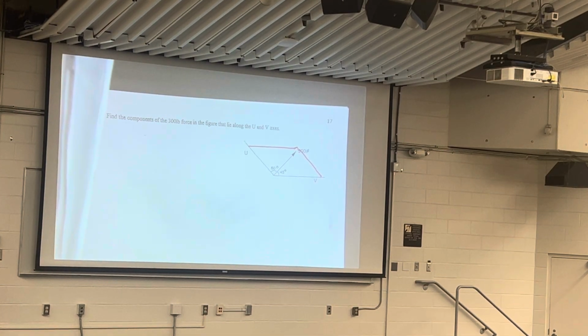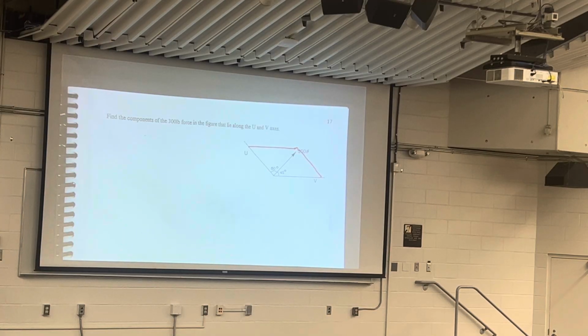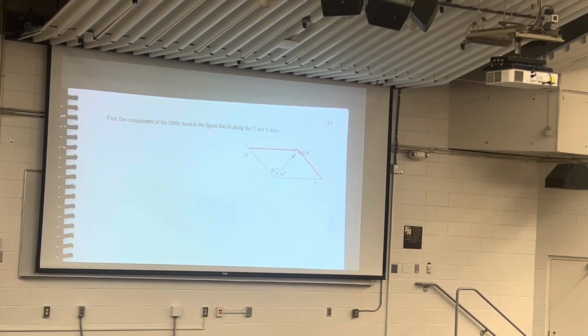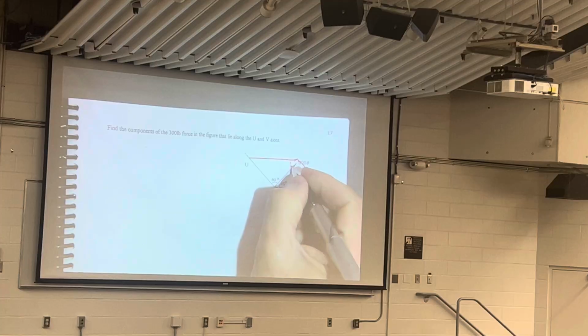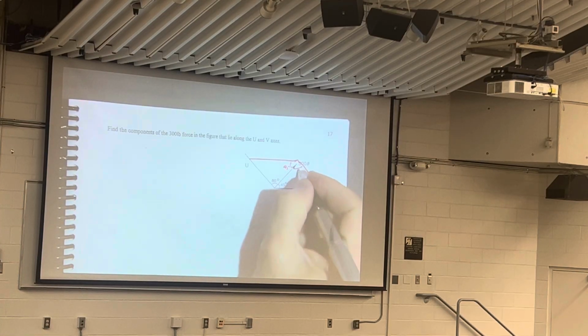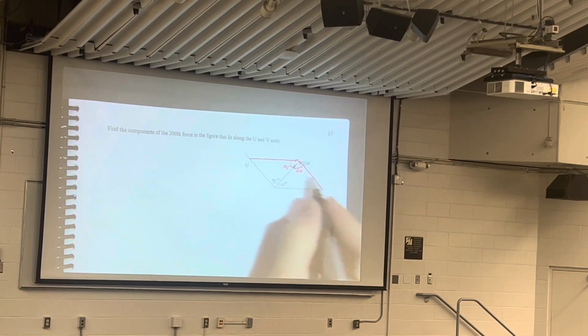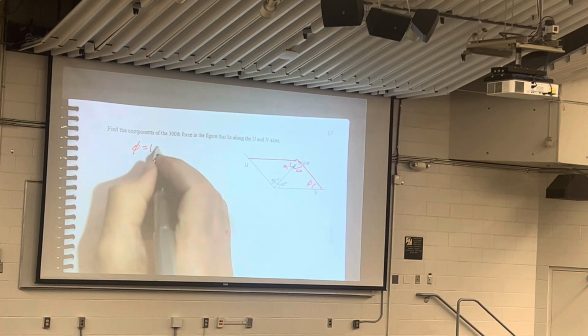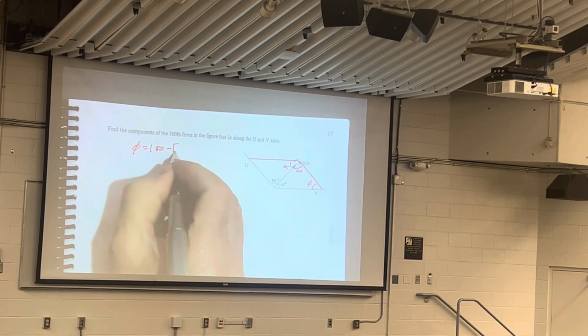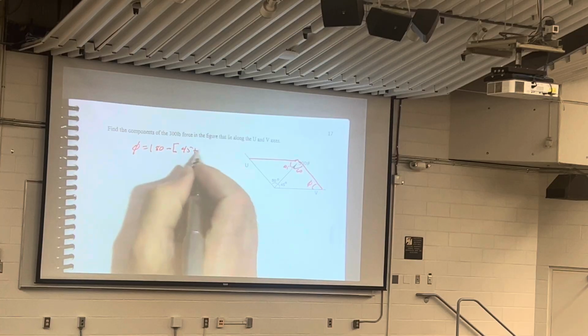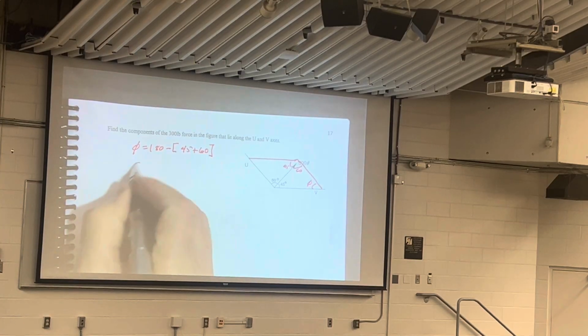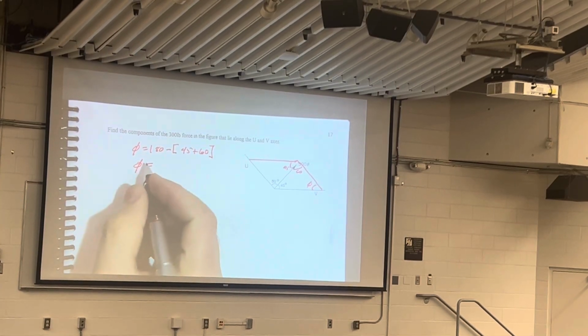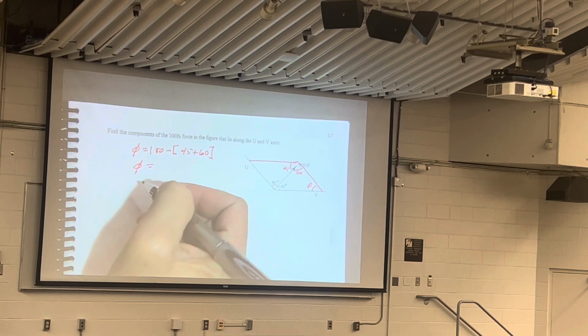In which case now I can simply go back and do alternate interior angles, that's 45, that's 60, which means this angle is phi. Phi is going to be 180 minus the 45 plus 60. Phi is equal to, what did we say, 75.